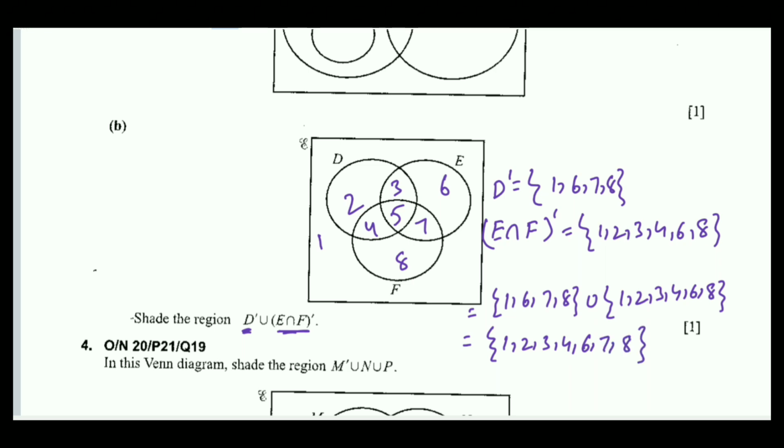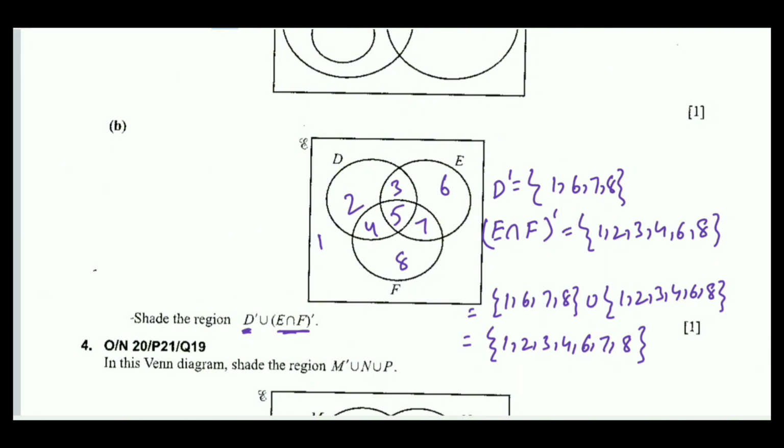The numbers that are repeating we will write once. 8 is repeating, you will write it once. 1 is repeating, you will write it once. 6 is repeating, you will write it once. All the numbers combined, and we will start from the smallest value, and the last value should be the bigger value of these two sets. So this is the final answer of D complement union E intersection F whole complement.